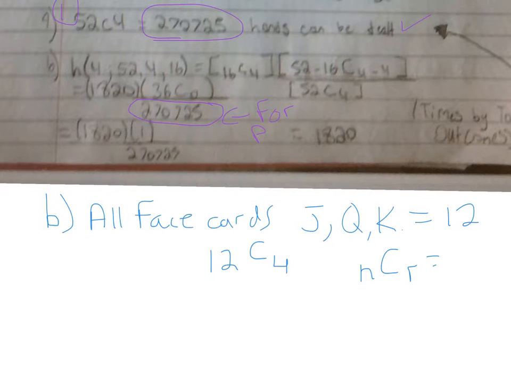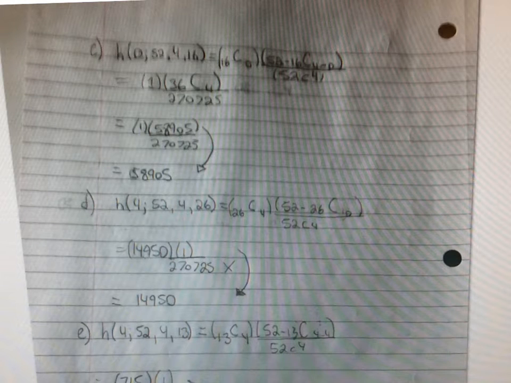So I've got the second page on a different screen. I'm just going to flip over there for a minute. So here we are, and we are on part C, and part C is asking for, I think, only cards that aren't face cards. I don't have the sheet in front of me here.